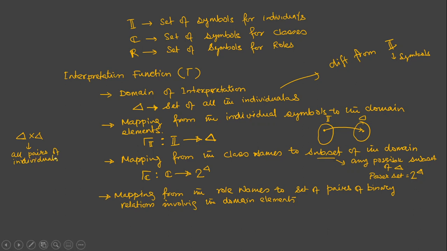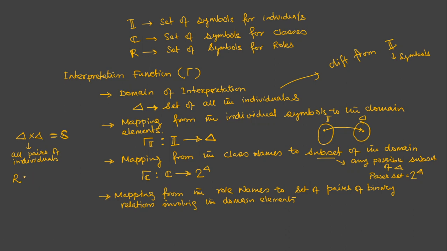Now, given one relation R, a subset of these pairs would be participating in R, right? So let us consider this set to be say S. Now what is R then?